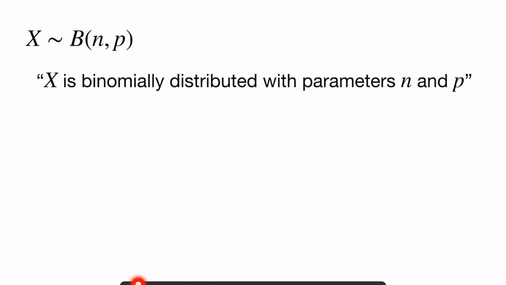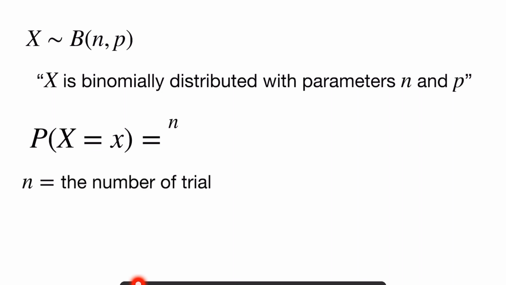So to use the formula, we are going to use it only for the sign equals. What is the formula? We're going to have N, the number of trials, that we learned yesterday.